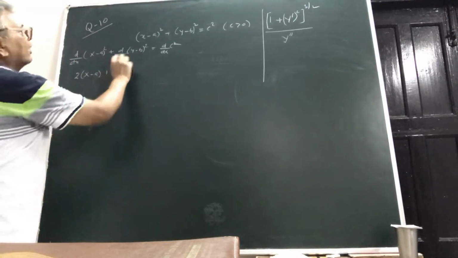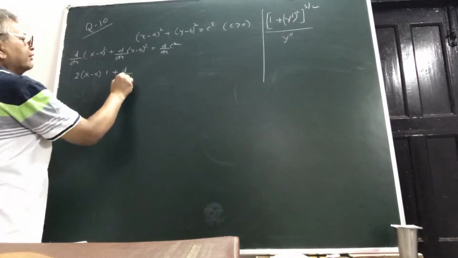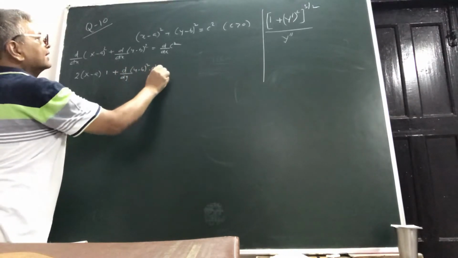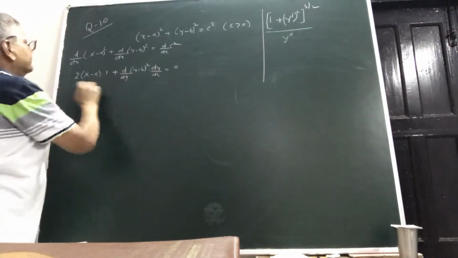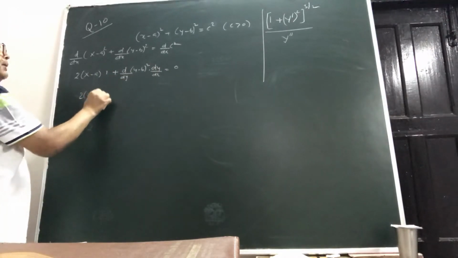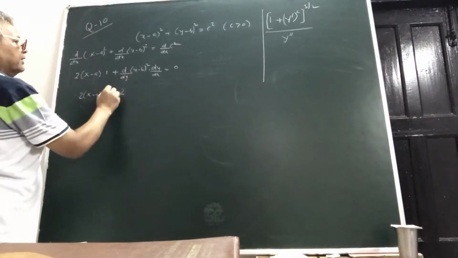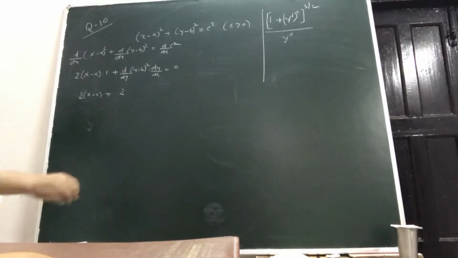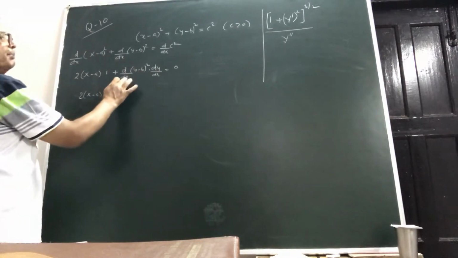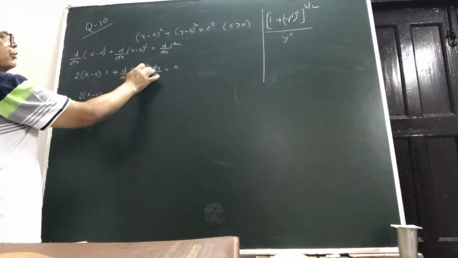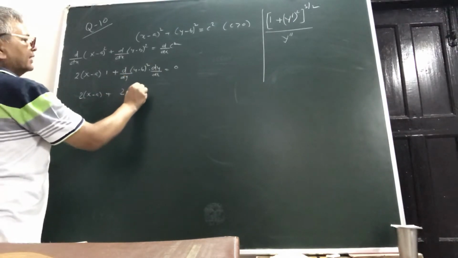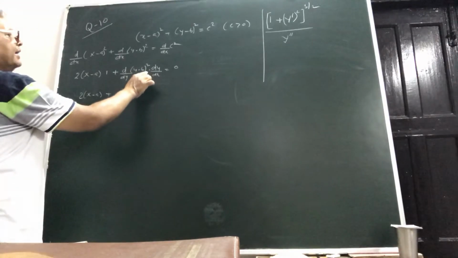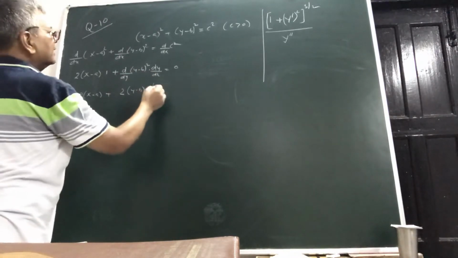So plus, now this thing, here you have to differentiate first with respect to y, and then dy by dx, and this thing is 0. So it is 2 into x minus a plus, now with respect to y, again the same thing, y minus b, you put some other constant, say p, and then p square, d by dp of p square will be 2p into dp by dx, so 2 into y minus b into, and this p is y minus b, so dp by dx will be dy by dx.